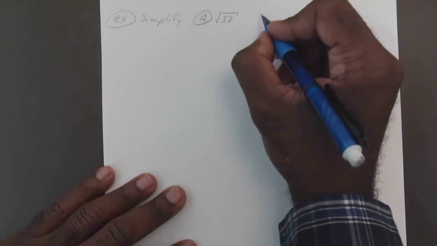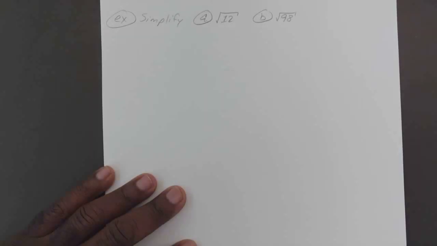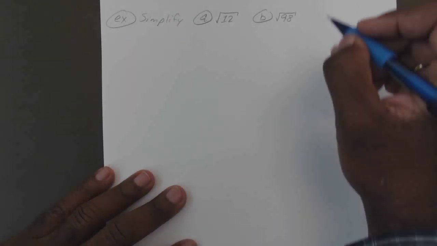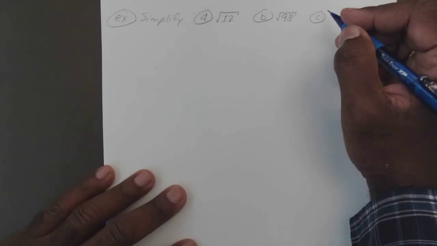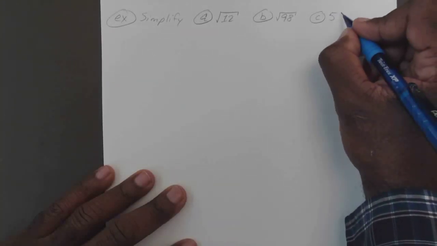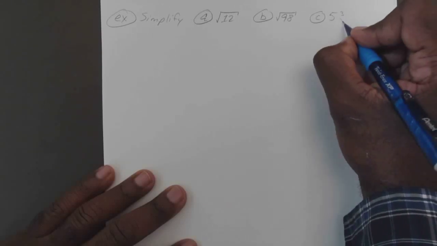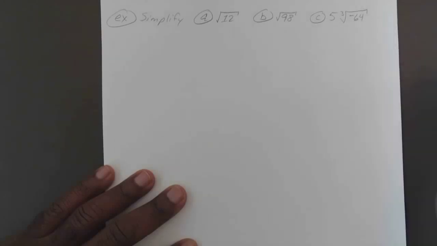Let's say for problem B, square root of 98. And let's say for problem C, say 5 times the cube root of negative 64.